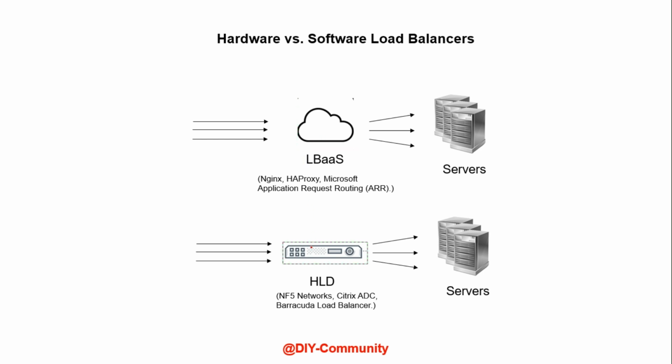So, as the name specifies, a software based load balancer, in this case, load balancer as a service, is some kind of a software application which distributes the traffic on various servers on the server farm. Similarly, a hardware based load balancer is a hardware device with a specialized operating system which distributes the traffic on the server based on the logic available on this hardware based load balancer.